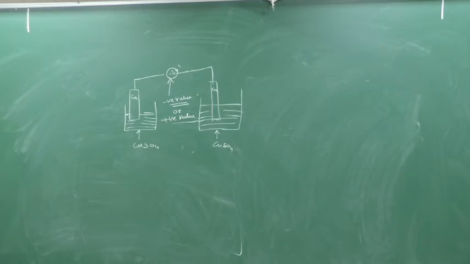The electrode assumed to be anode is in fact a cathode, and the electrode assumed to be cathode is really an anode.